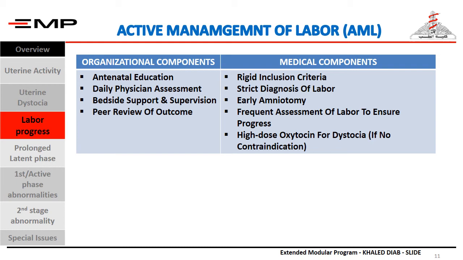A consistent decrease in the cesarean delivery rate has not been statistically demonstrated with active management of labor. Despite the use of early amniotomy, high-dose oxytocin regimen, and frequent cervical examination, patients seem to be satisfied with the shorter labor. Discussion of active management of labor components and its philosophy will be done in the face-to-face session.